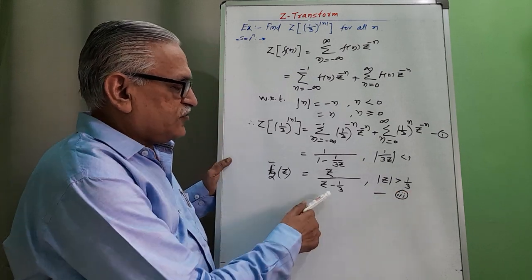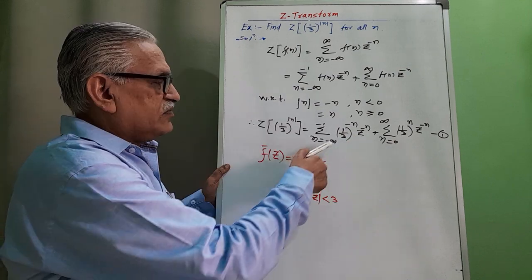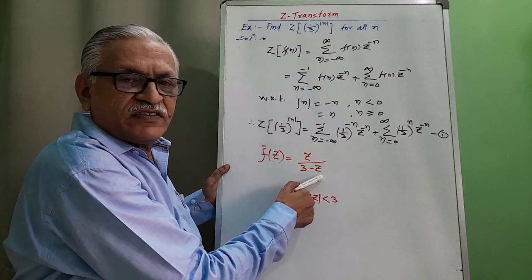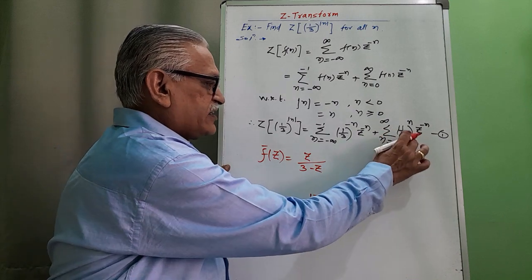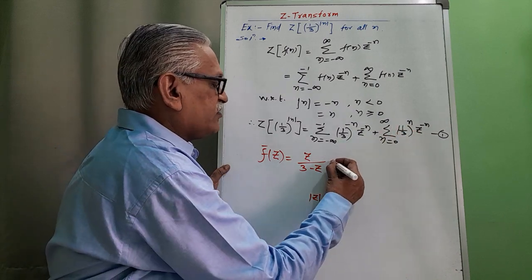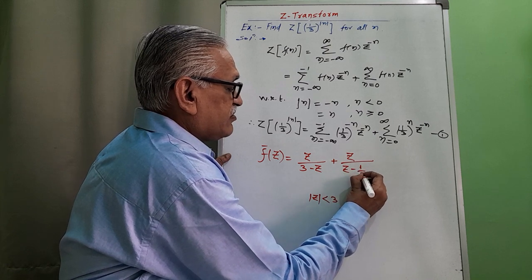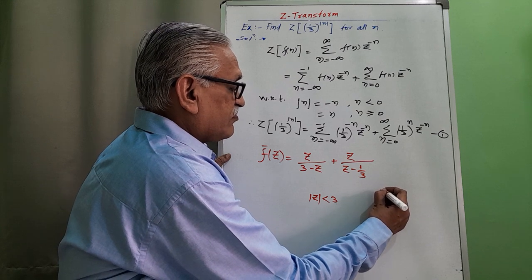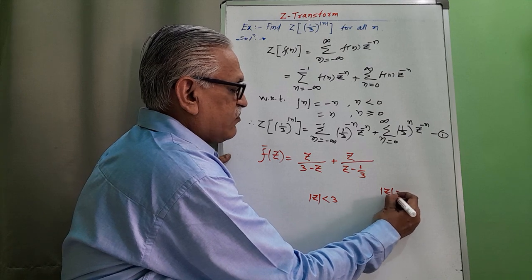Then substituting these two values in equation 1, we get the Z transform of the first term as z upon 3 minus z, condition mod z less than 3, and the Z transform for the second term as z upon z minus 1 by 3, condition mod z greater than 1 by 3.